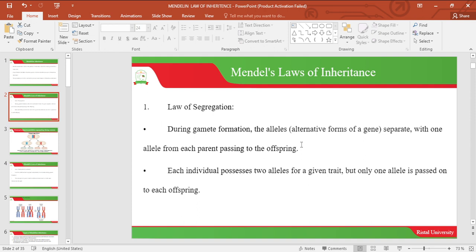Let's look at Mendel's laws of inheritance. The first law is the law of segregation.